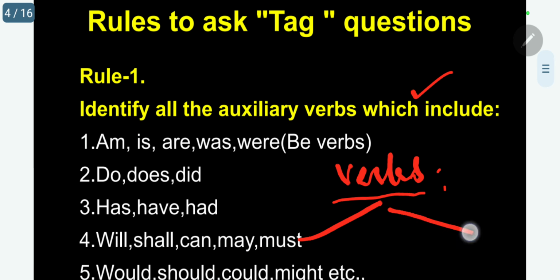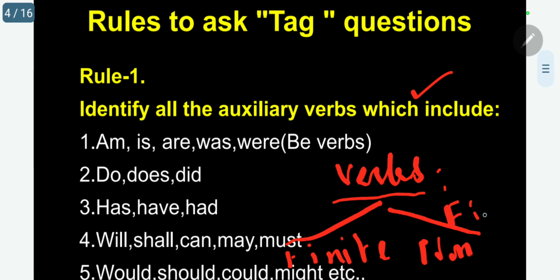One is finite verbs and non-finite verbs. What are finite verbs? All the verbs that are available in the English literature, we call finite verbs.